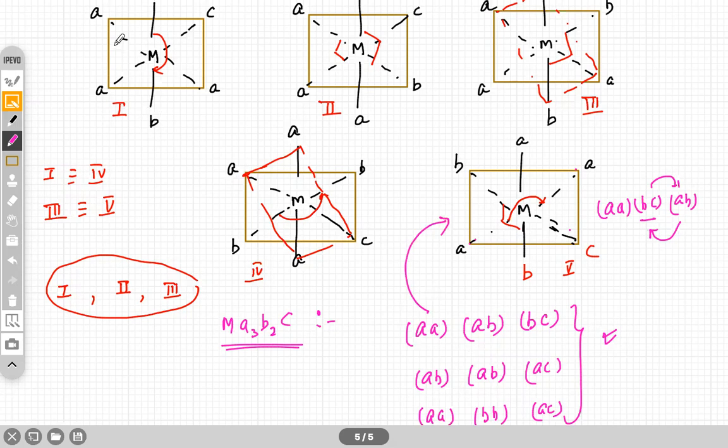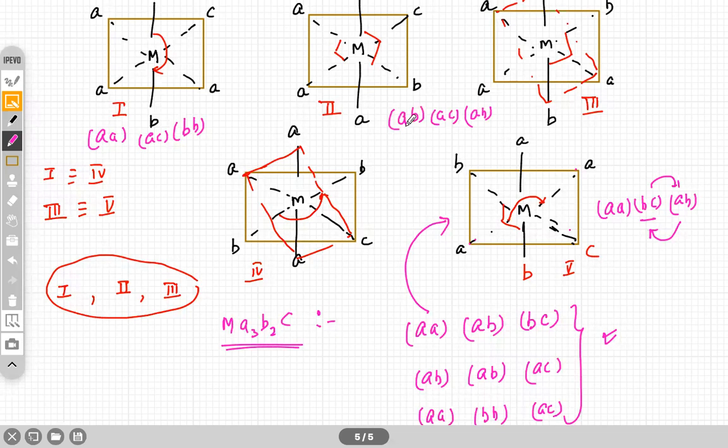Similarly, for this one it would be AA, two A at opposite corners, AC at opposite corners, and here we have BB. Here we have AA, BB, AC. This is the third one. This one would be AB, then AC, then AB again, the second one.